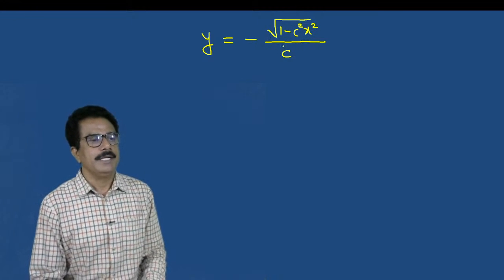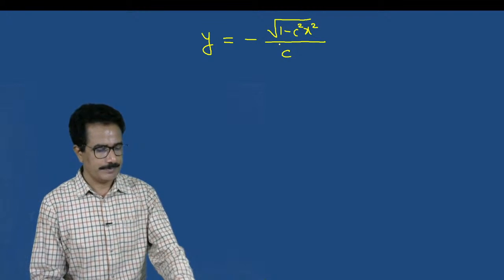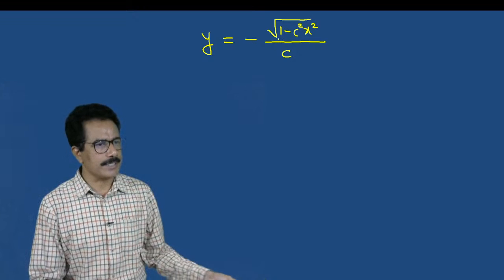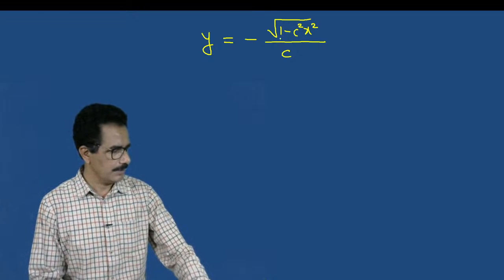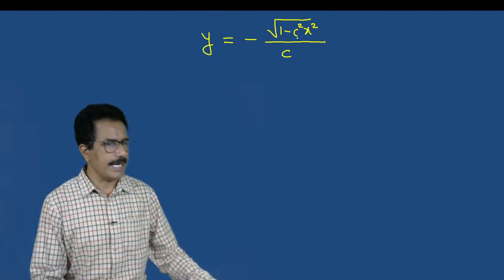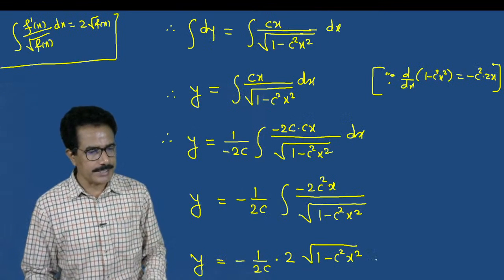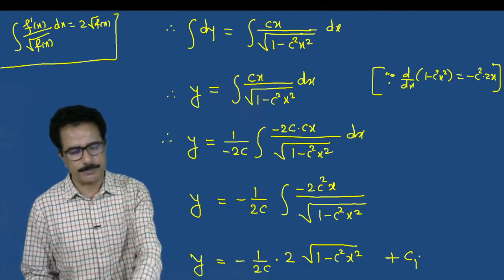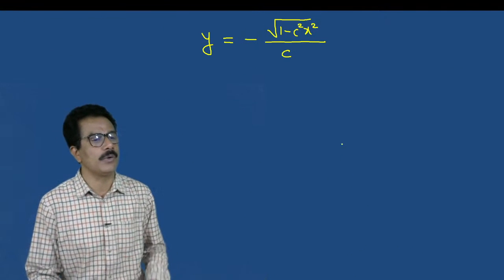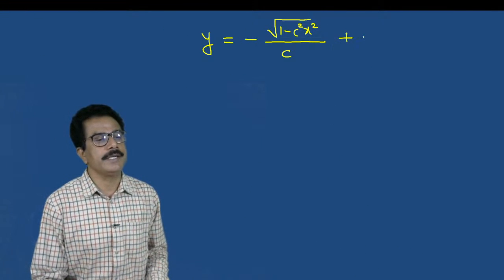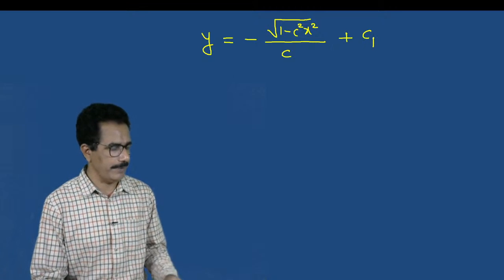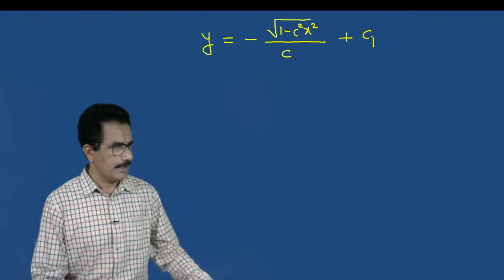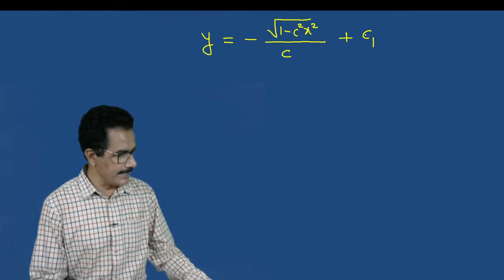Okay, this term has come. 2 cancels. Then we can write the constant of integration. Okay, we have to write this constant of integration. Suppose C1, because C is already in the function. So C1. Now we can take this to the other side.